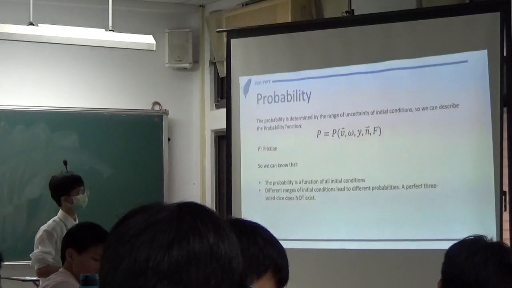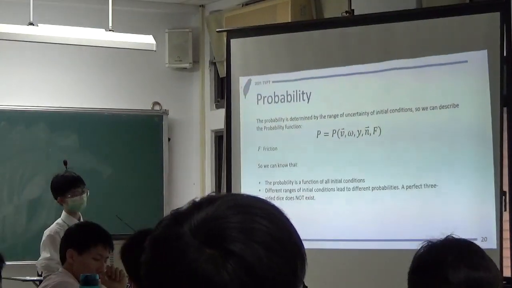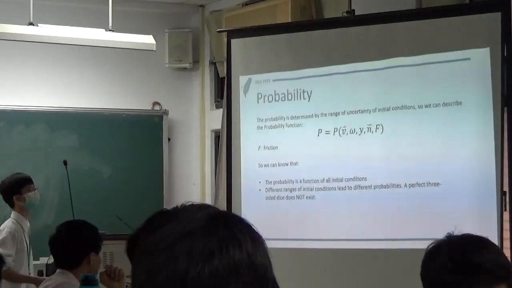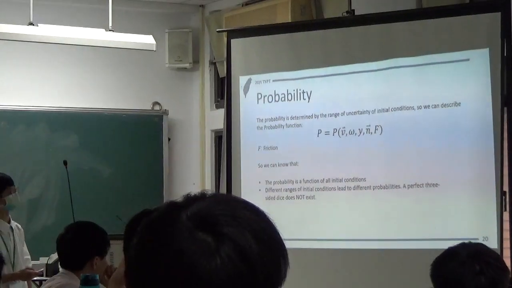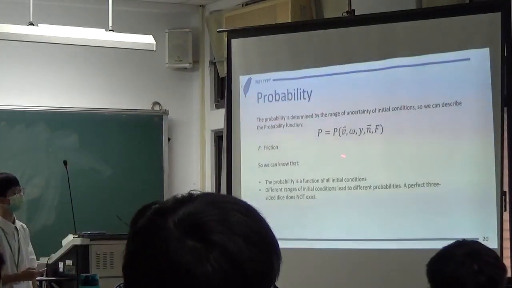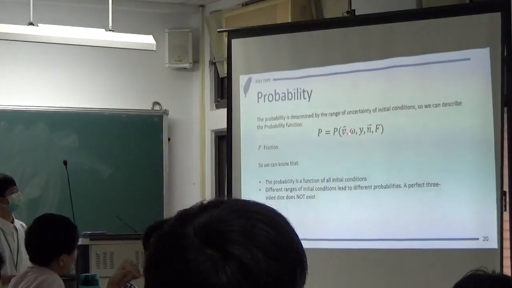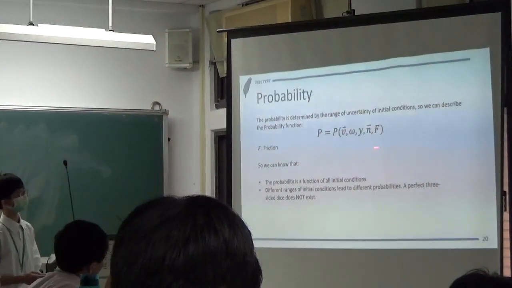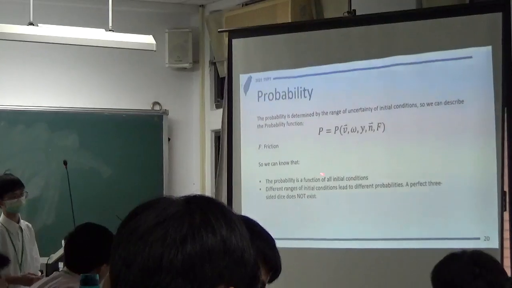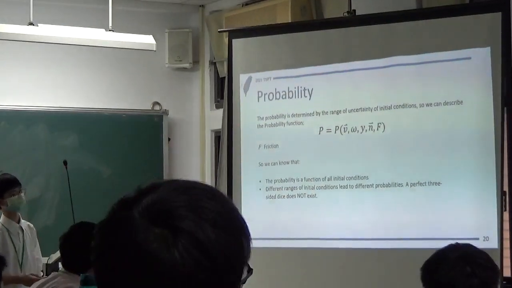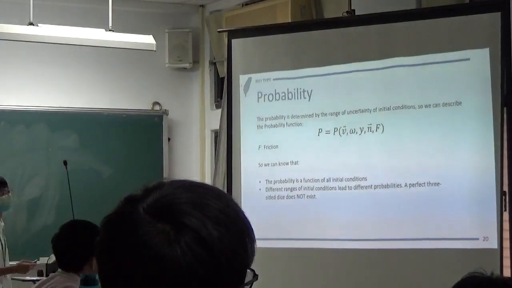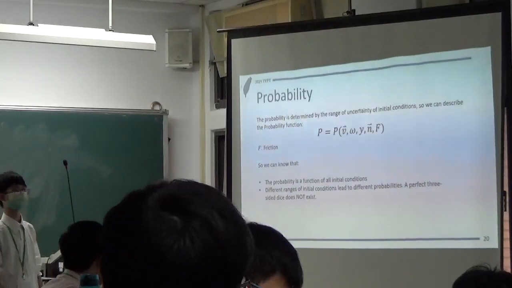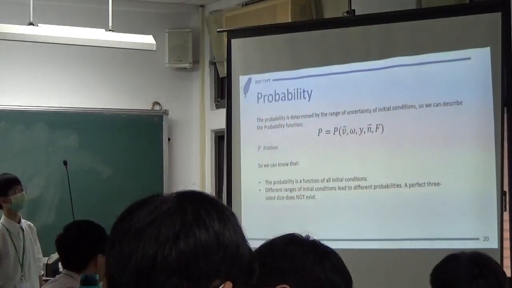So we can know that according to the reasoning we mentioned, the possibility is a function of all the initial conditions, and as you can see, there are too many factors in this function. So we can know the function is almost chaotic and hard to predict.